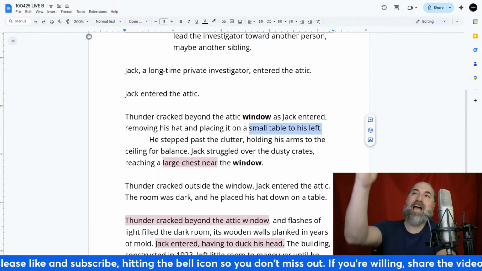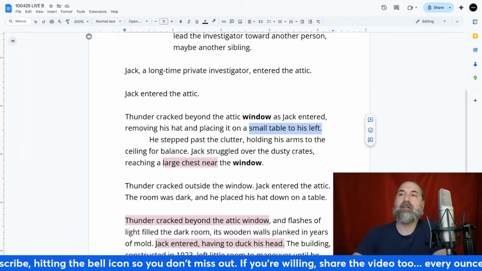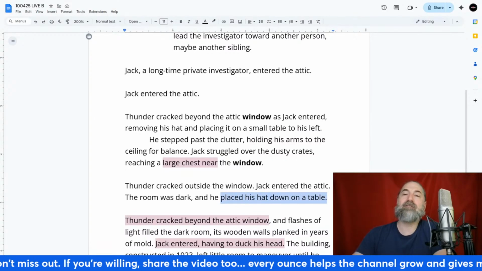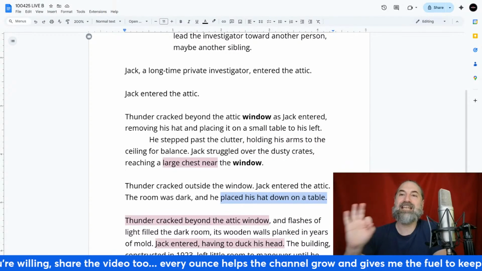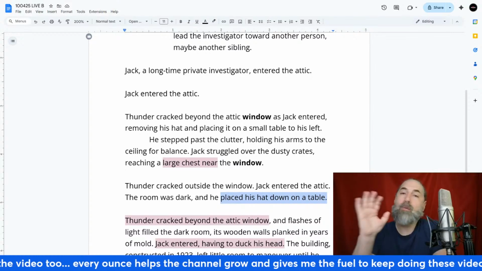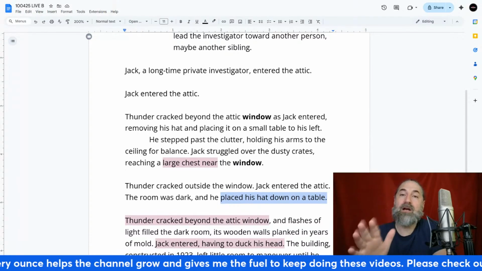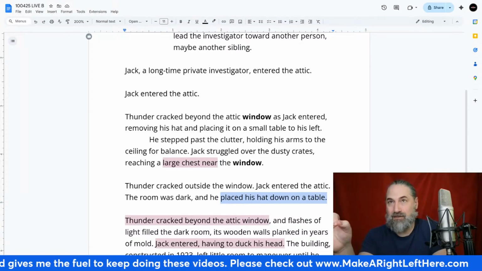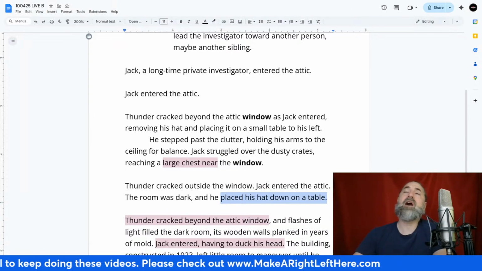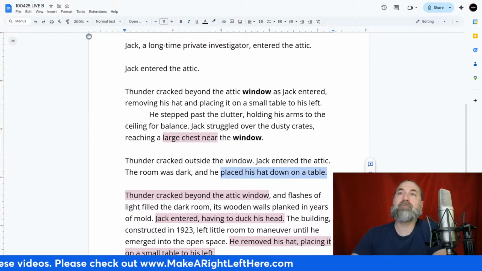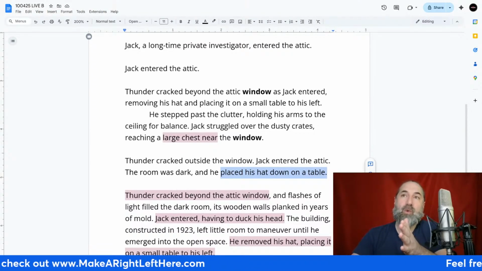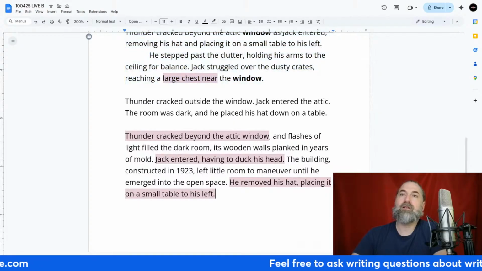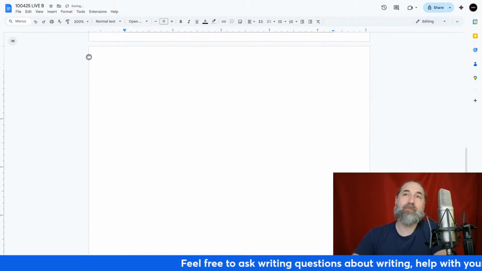The speed at which information is presented to you. If it's Jack placed his hat down on a table, that is a faster pace because it is less information. That's all pace is. How much detail are you giving the reader is pace. All right? Now, obviously, if you want to speed things up, you could get him to that window quicker. This is how you can quote unquote control the pace, right?